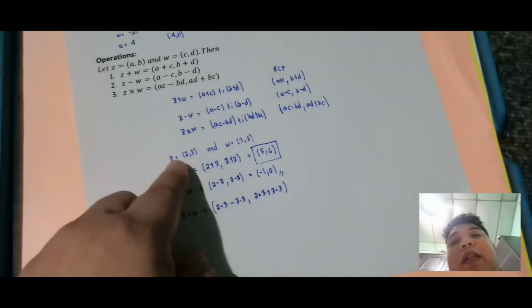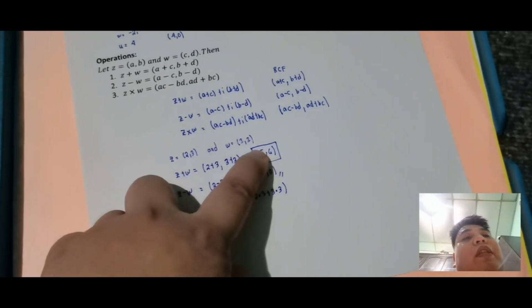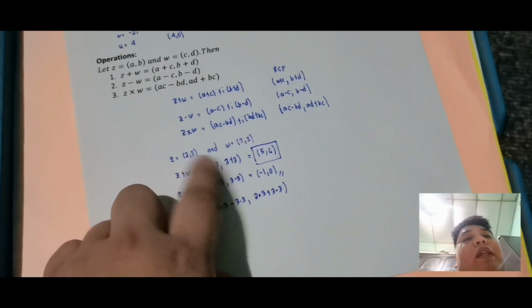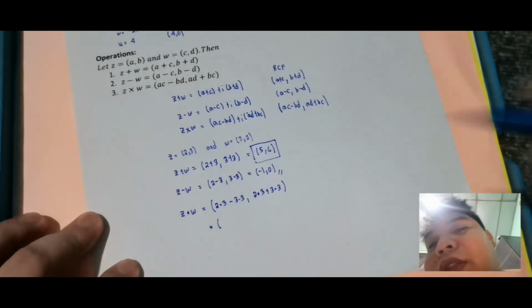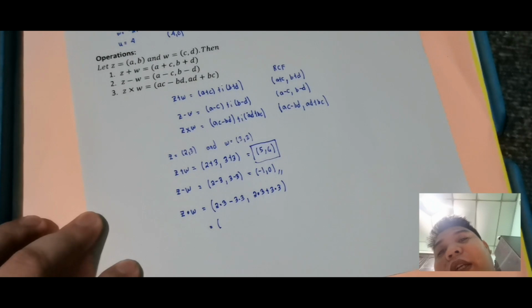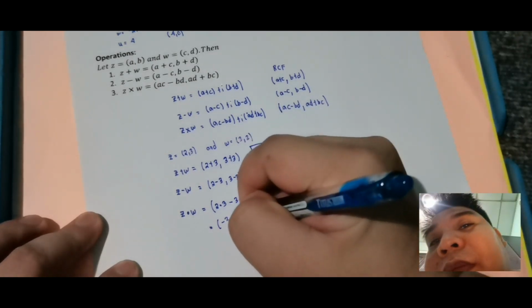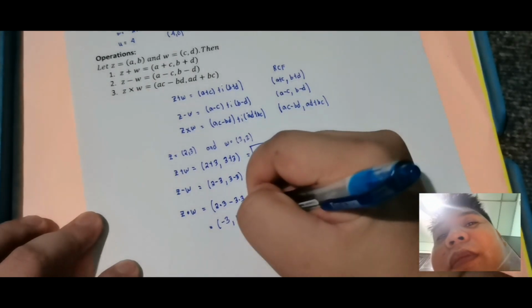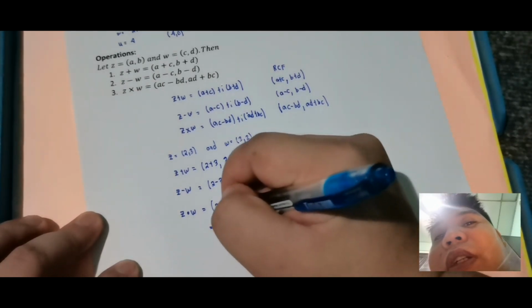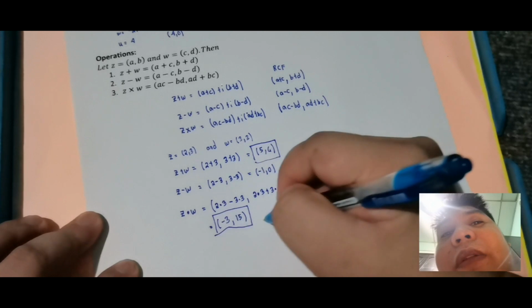Okay, tama ba? Okay, so this is equal sa 2 times 3 is 6 minus 9 is negative 3, comma 6 plus 9, that is 15. Okay, so therefore ito yung kanyang product.